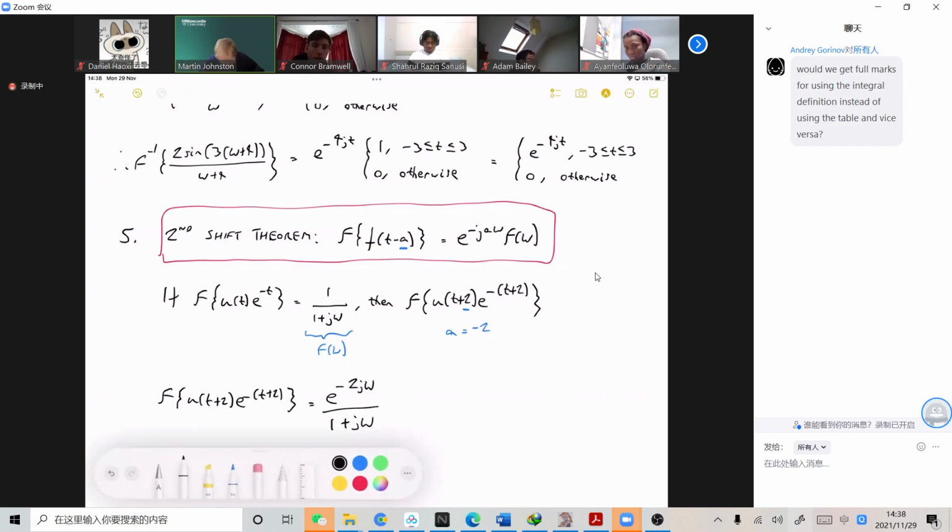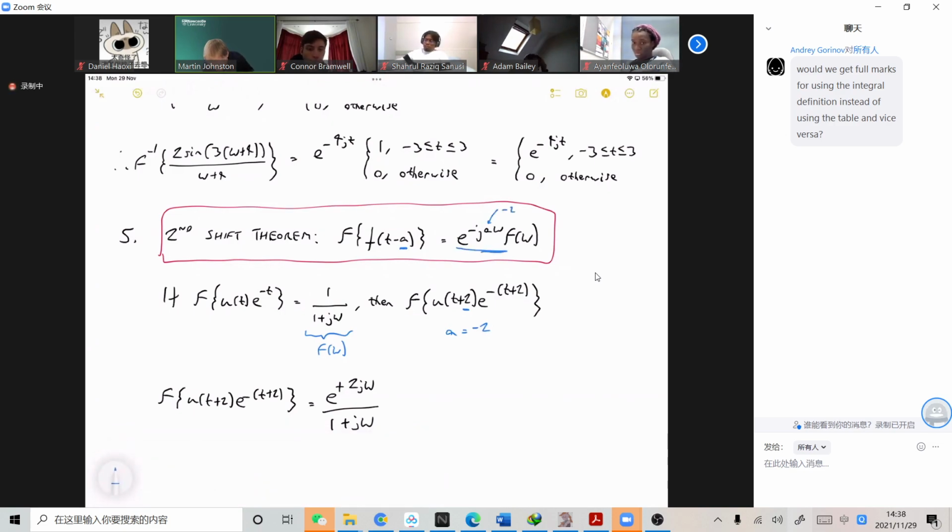Well done. And let me just highlight this. Here we had a equals -2, so it's going to be minus minus 2, so it's +2. Yeah. So well spotted. Thank you for that. It says that in the solutions, but I just missed it.